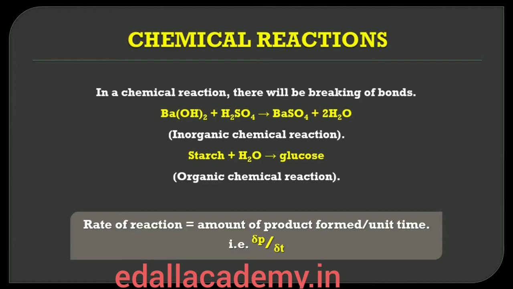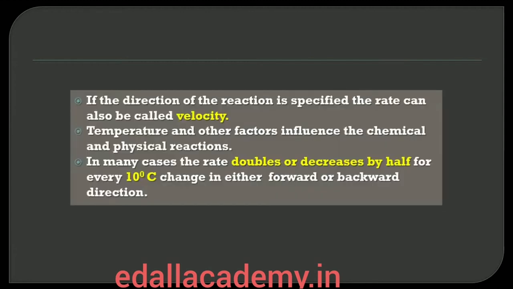The rate of a physical or chemical process refers to the amount of product formed per unit time. It can be expressed as delta P by delta T. Refer to the equation and the rate, which is given with the help of symbols. Rate can also be called velocity if the direction is specified.